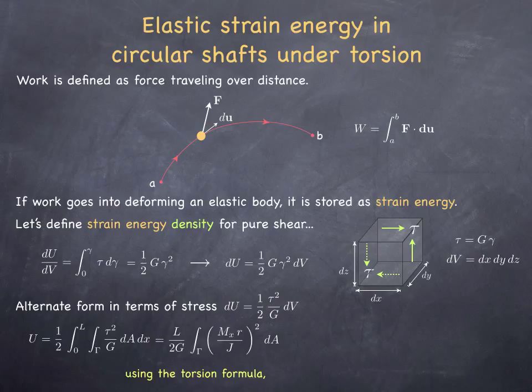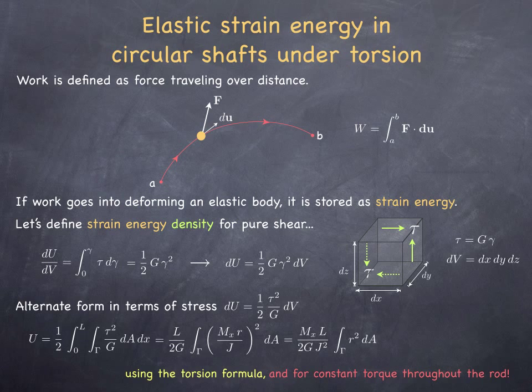And tau squared dA is merely our torsion formula squared, so it's just going to be (Mx r over J) squared. And then we can carry out some of those squares and move out the constants from the integral outside of the integral sign.